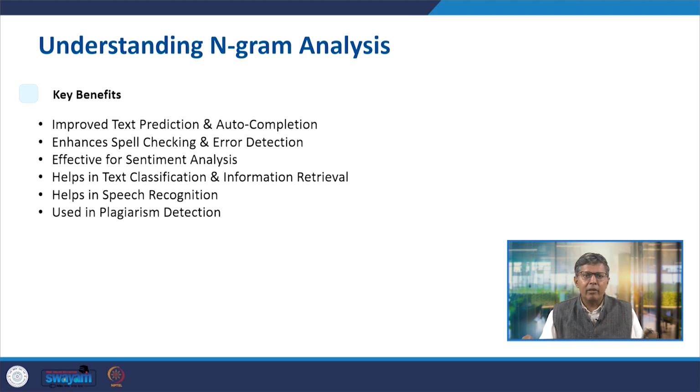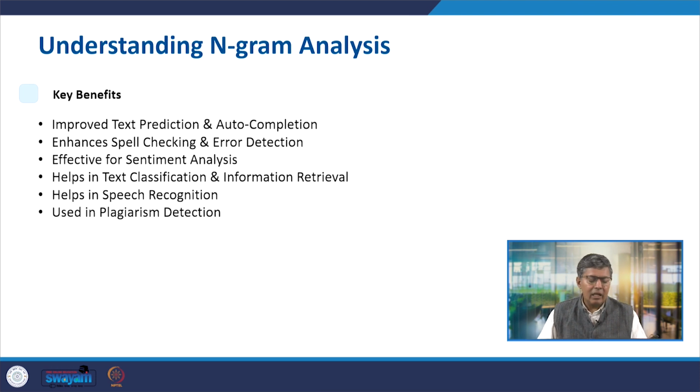Sometimes you must have seen, it says, did you mean something like this? Suppose instead of writing India, you wrote IDNIA, typing the spelling wrongly. It will say, did you mean India? So it gives you a spell check correction or error detection benefit.